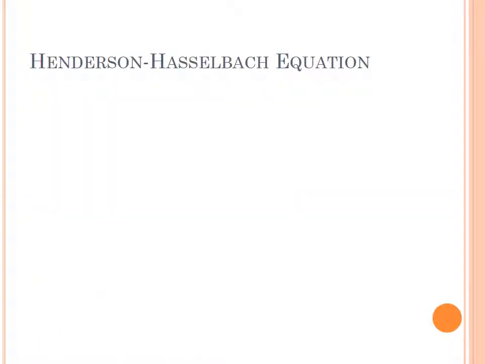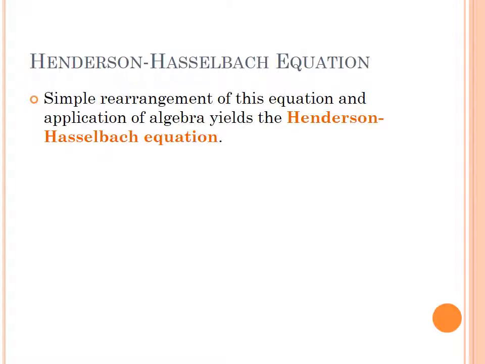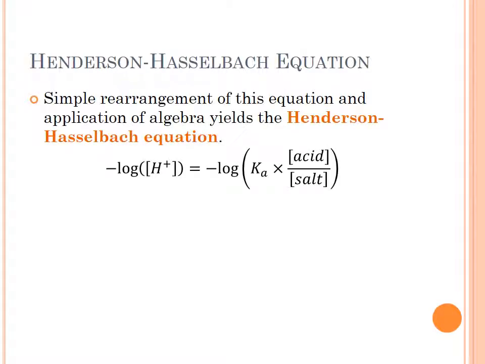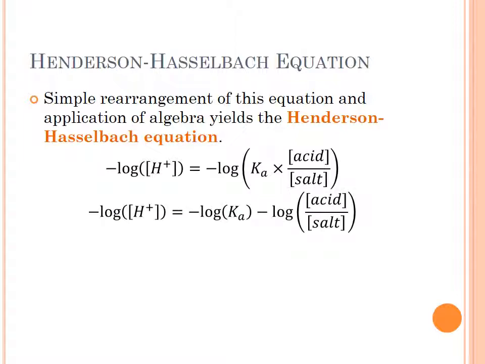With that, going back to the univalent case, we take the negative log of both sides because that'll yield a pH. Work the logarithms. You've got negative log of H+ equals negative log of Ka minus the log of the acid divided by the salt.